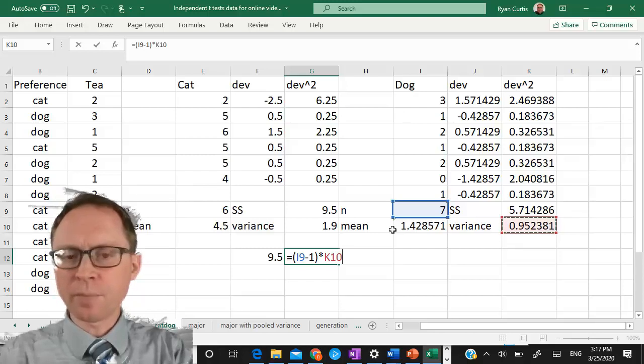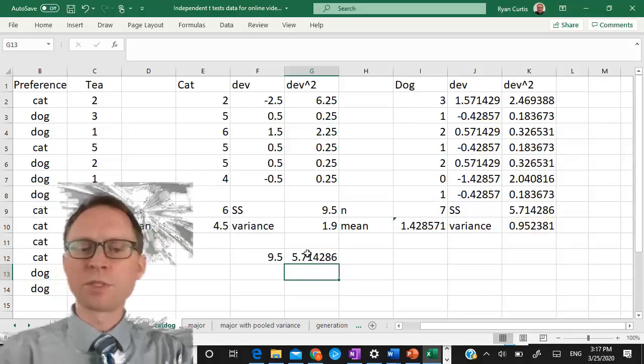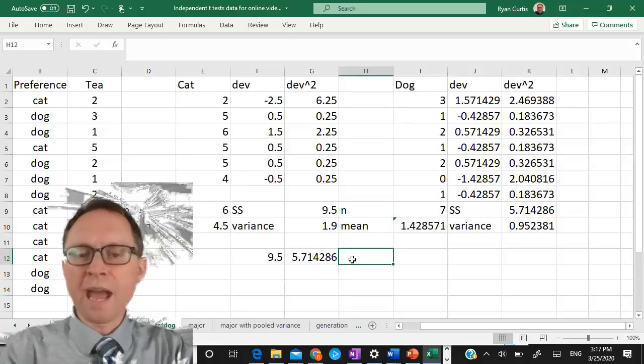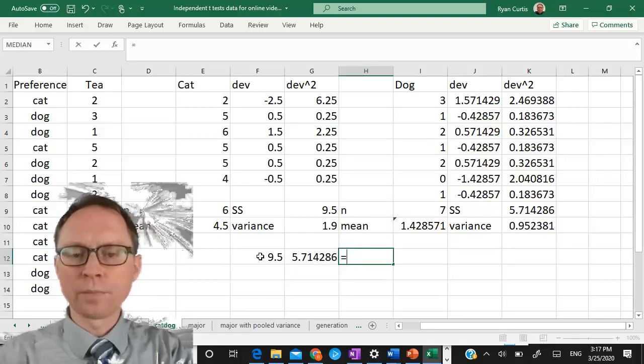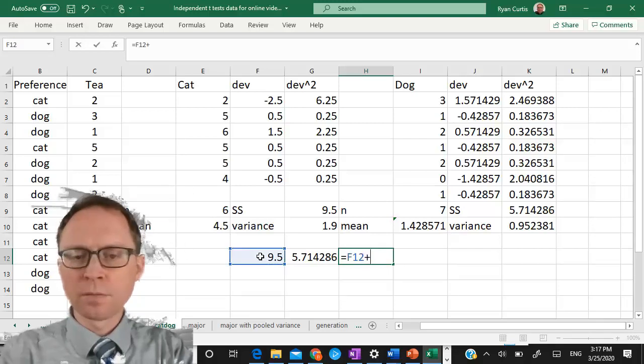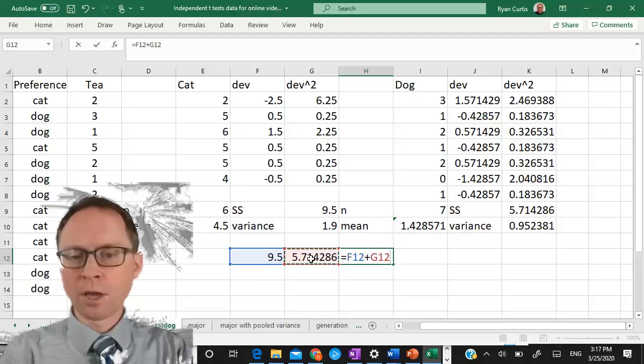That's the variance for the dog people, which is 5.71, etc. When you add those together, we get the numerator equals this plus this. This is the numerator of the formula.